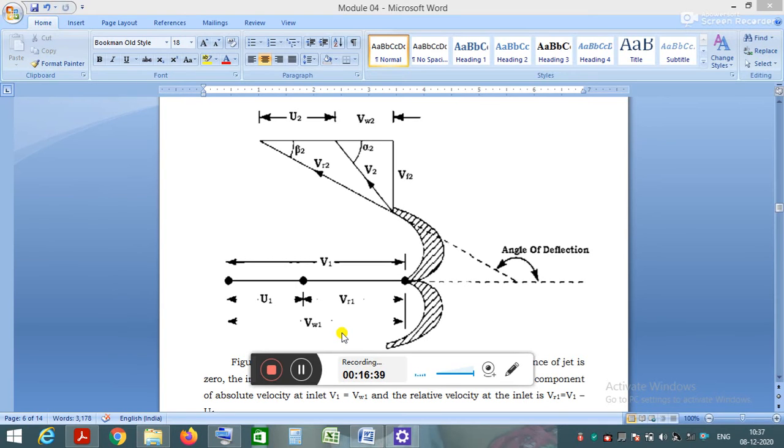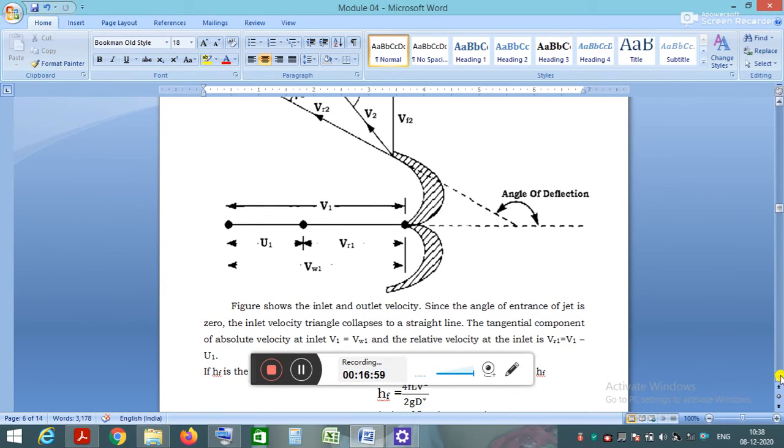Next, velocity triangles for Pelton wheel. Since the water enters in the tangential direction to the turbine blades, you can see here in this direction the water enters. Therefore, alpha 1. What is alpha 1?